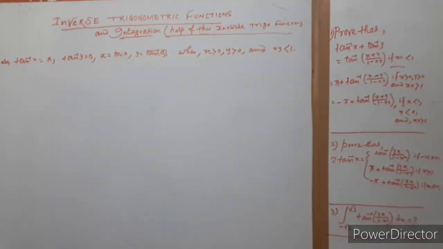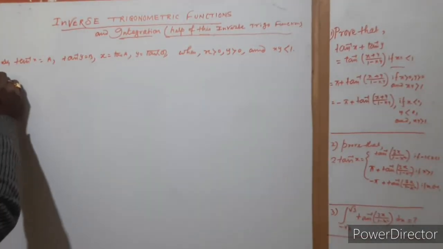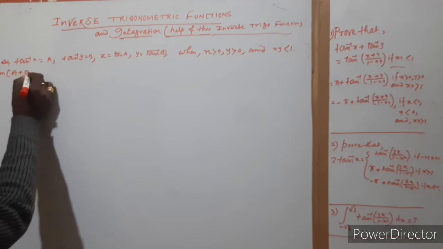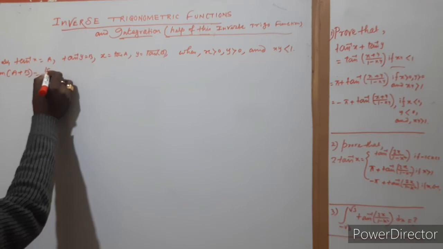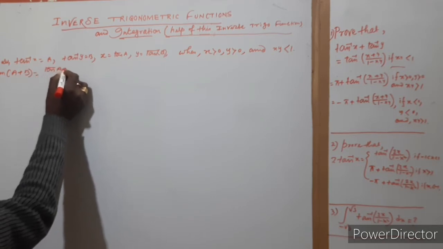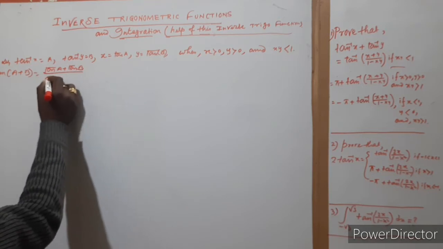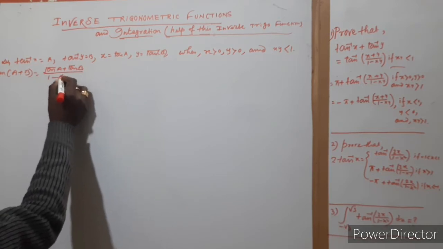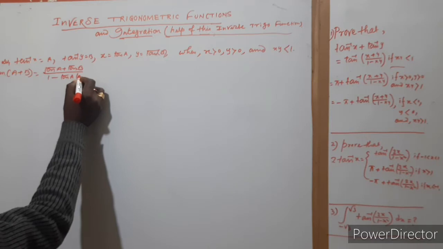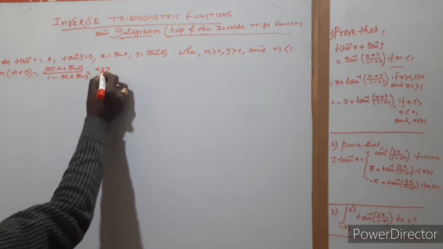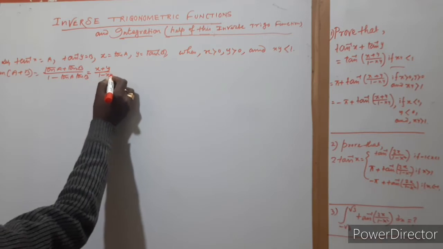Okay, now see, tan of a plus b is equal to tan a plus tan b by 1 minus tan a into tan b, and that is equal to x plus y by 1 minus xy.